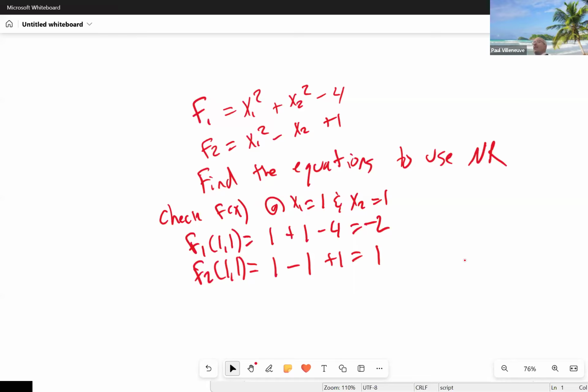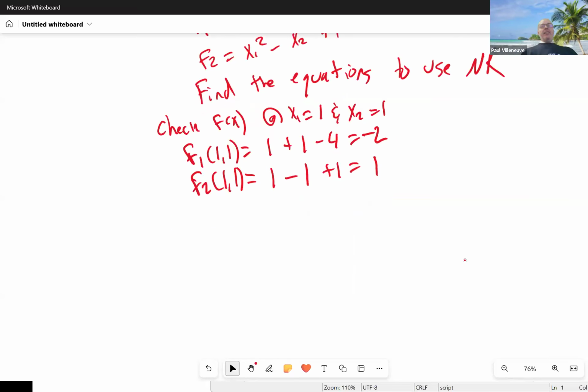Because if they do, you don't even have to do Newton-Raphson. You're done. If these had been the correct answer, stop, no more work. But they're not, so we've got to update every time. So we have to solve for delta x, which is equal to my Jacobian raised to the negative 1 of x times f of x.